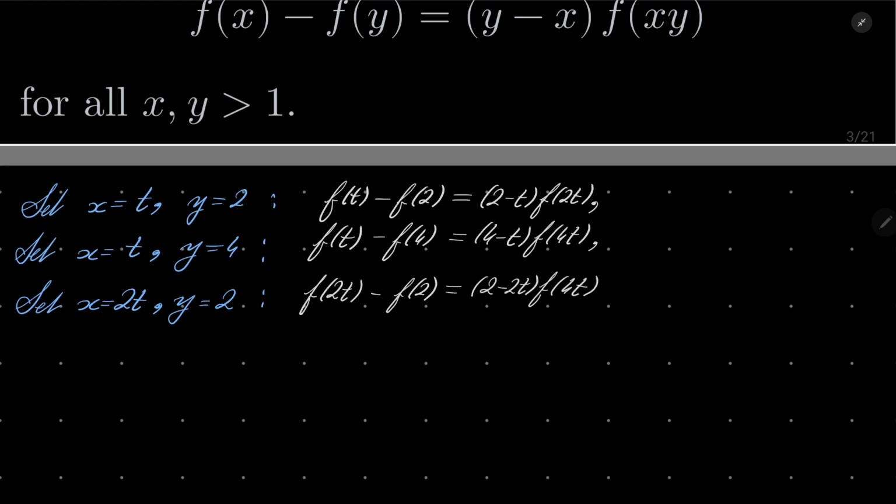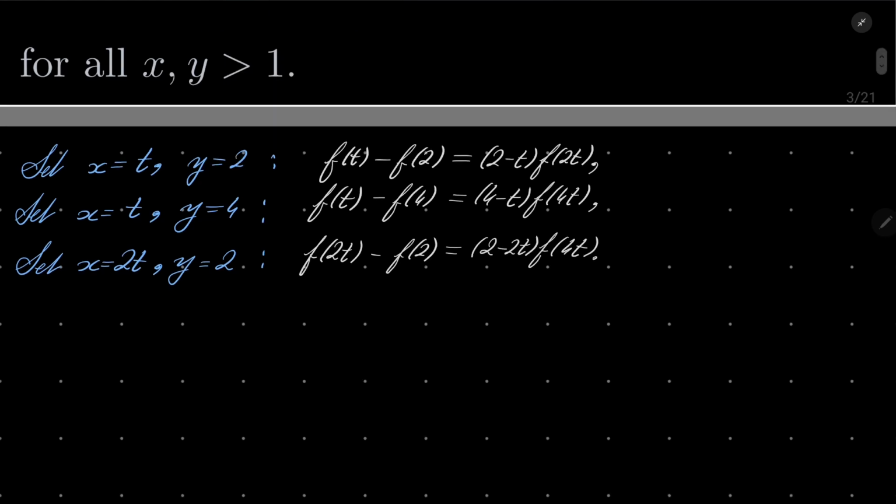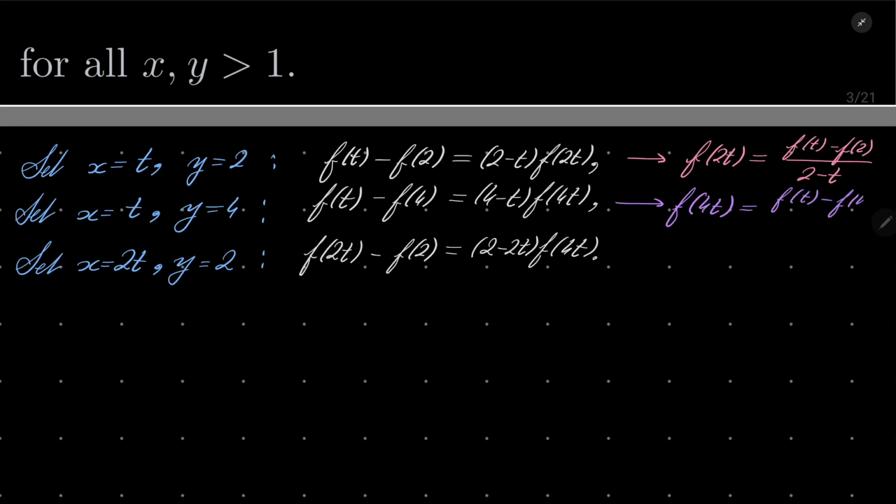Right. From this first equation, we can derive the value of f(2t). f(2t) equals (f(t) − f(2)) over (2 − t). And from the next equation, we can find the value of f(4t). f(4t) equals (f(t) − f(4)) over (4 − t).